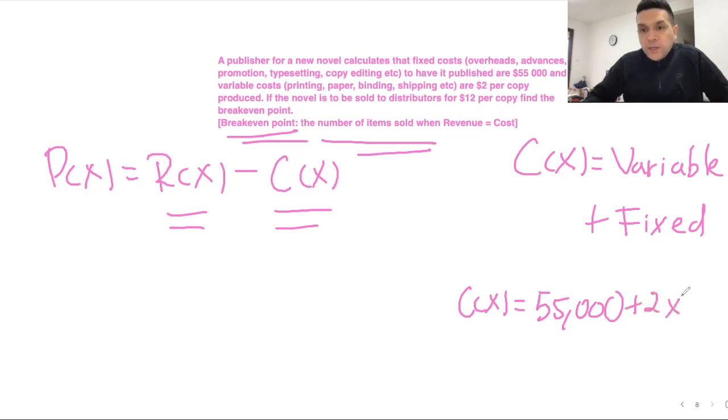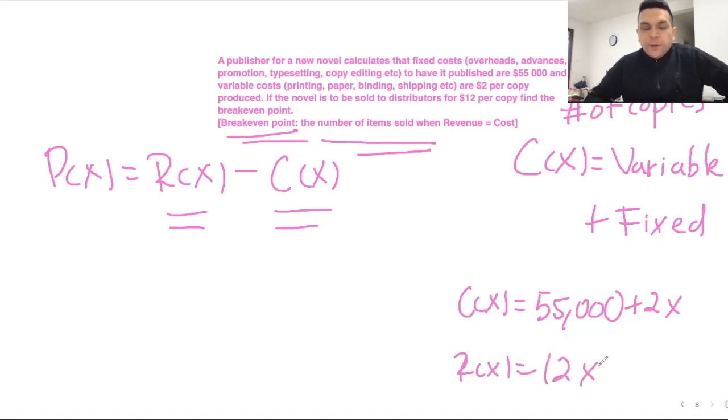And let x be the number of copies produced and sold, okay? All right. If the novel is to be sold to distributors for $12 per copy, so revenue is going to be $12 per copy, right?